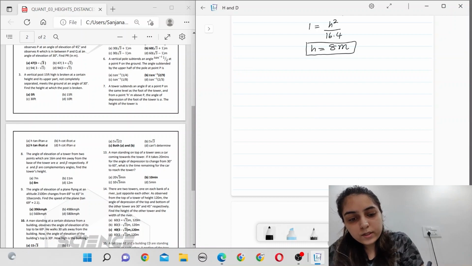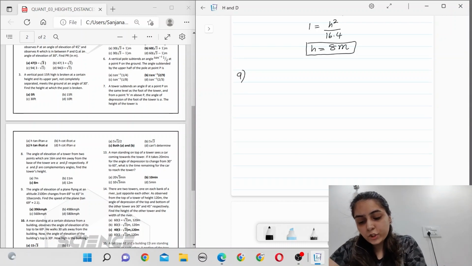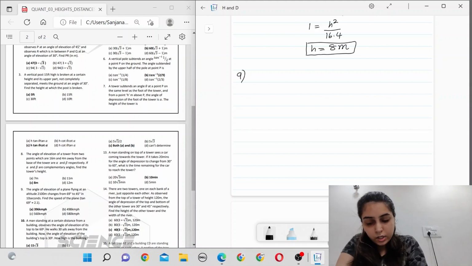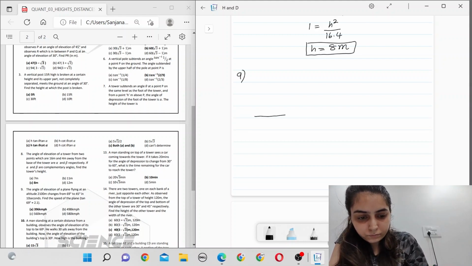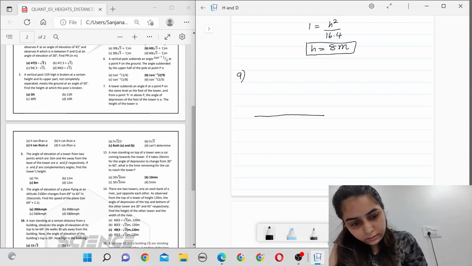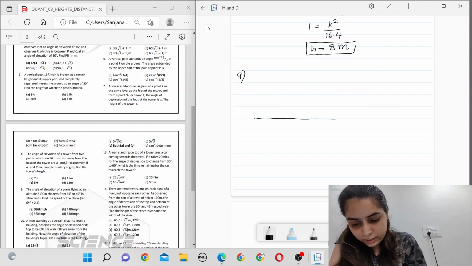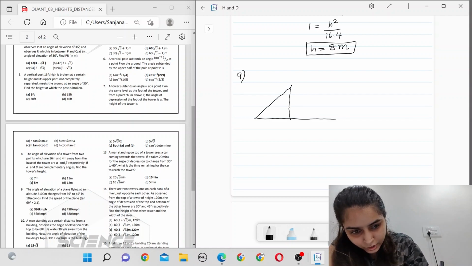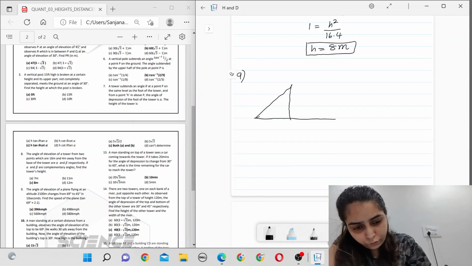Here they have given us that the angle of elevation of a plane flying at an altitude 2100 meters changes from 69 degrees to 49 degrees in 10 seconds. Find the speed of the plane. And they have given us the value of tan 69. So here there is a base and there is a plane flying, and the angle of elevation changes from 69 degrees to 45 degrees.